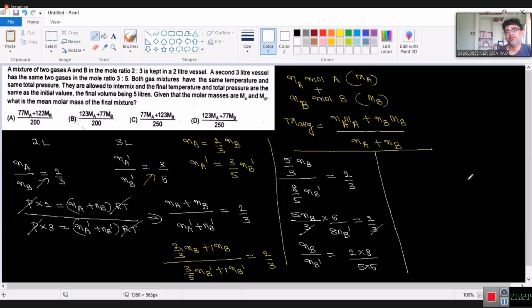Now finally, the molar mass average. You are finding it between these two. Molar mass average is equal to, here A means the number of moles in the 2-liter vessel, so that will be Na plus Nb into molar mass plus, okay, just do this till here. I'll open another slide and explain.